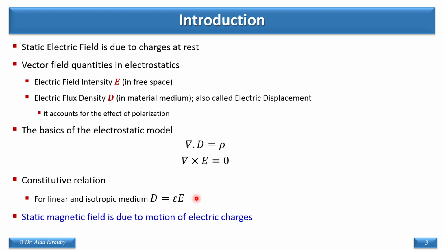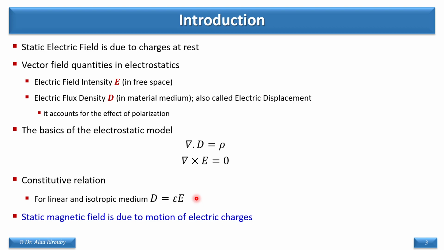Then the scientists came across a different scenario, which is when this charge is moving. So what are the laws that would govern a moving electric charge? Actually they started in two phases. The first phase is the case of a steady state motion, so moving at a constant speed.